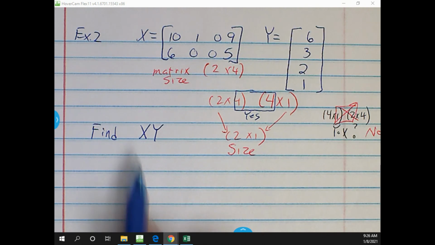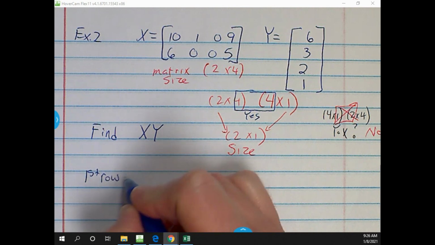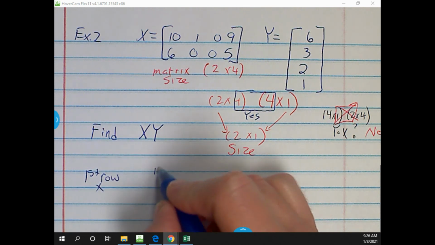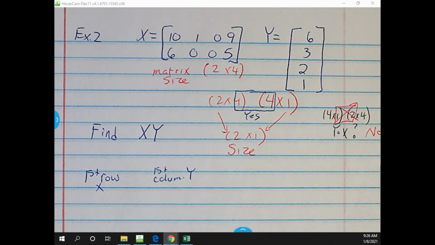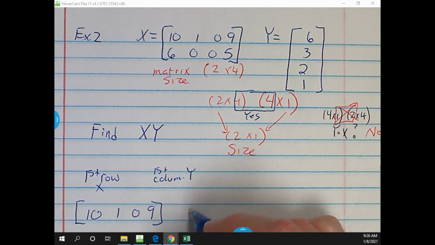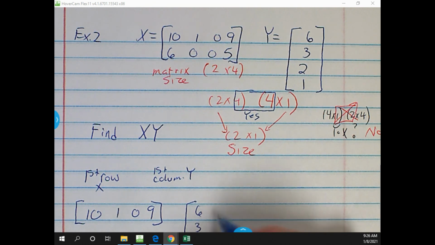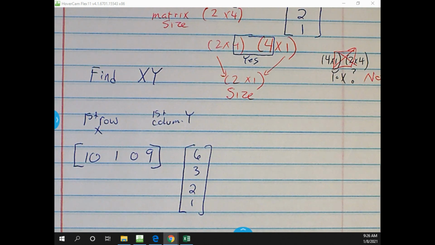Okay, so when we're doing x times y, we're going to do the first row of x times the first column of y. So that's 10, 1, 0, 9 times 6, 3, 2, 1. And there is only 1 column, so there's only so much we can do with that one.